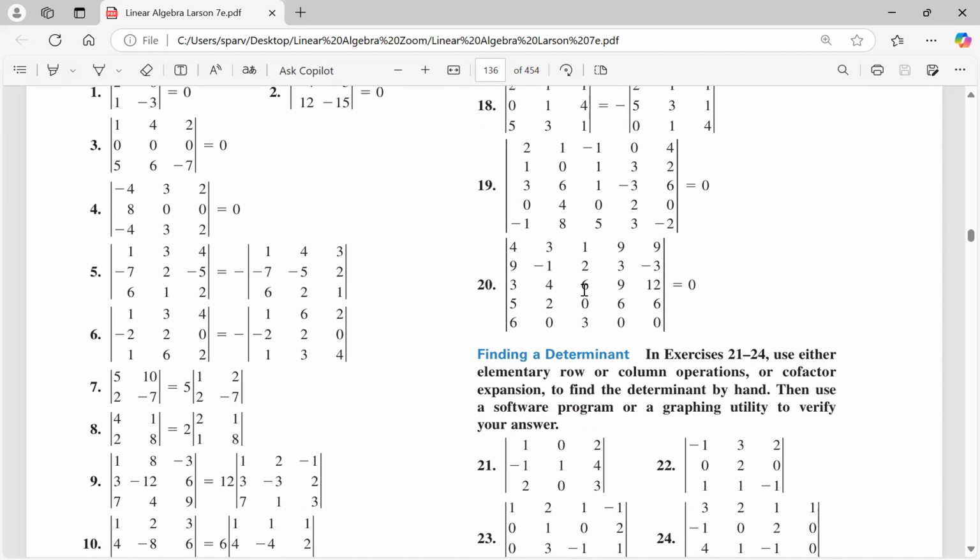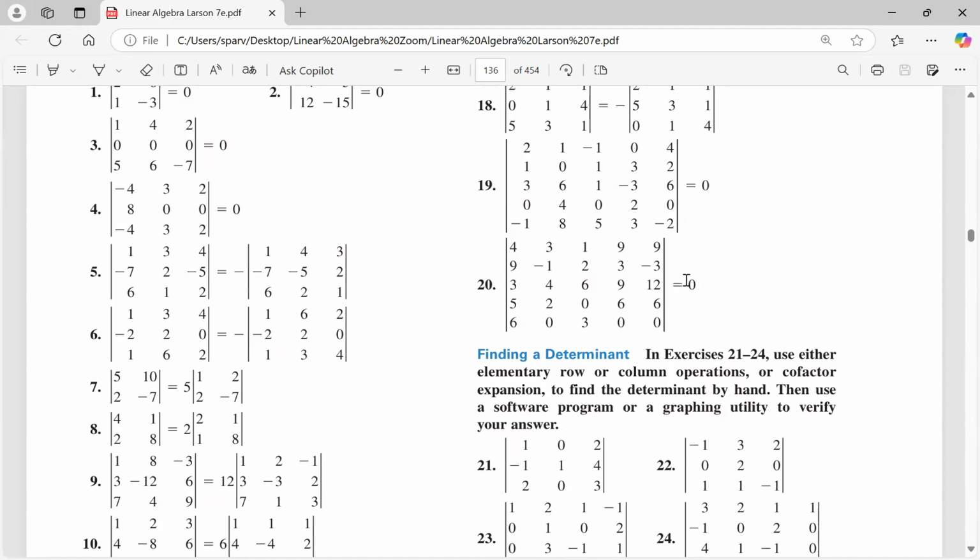Now, number 20 may be a little more convoluted. Should we take a shot at this one, number 20? In number 20, it says the determinant is 0, by the way.